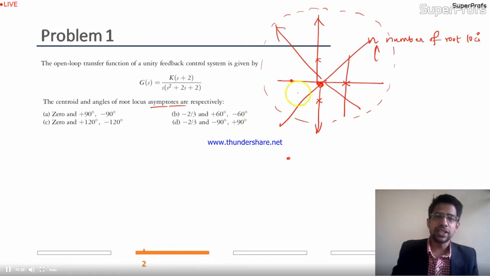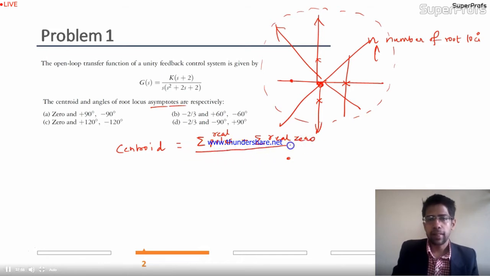This point is called the centroid. The centroid value is given as the summation of real parts of the poles minus the summation of real parts of the zeros, divided by the number of poles minus the number of zeros.